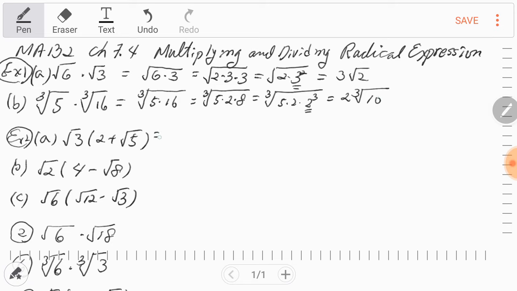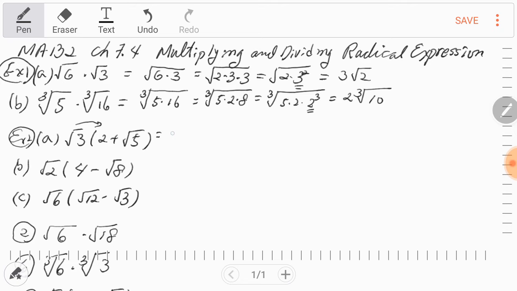Okay, next one is a distributive property. Use the distributive property to clear the parentheses. So first multiply 2 and square root of 3: 2 times square root of 3, plus multiply these two: square root of 3 times square root of 5.